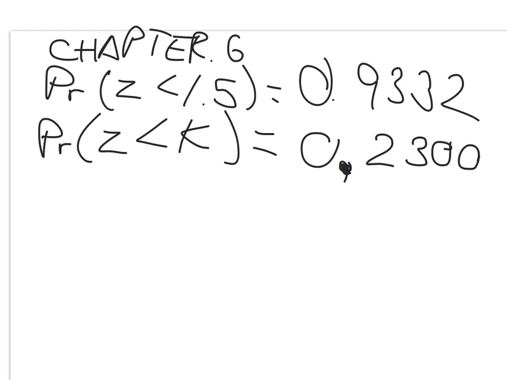Okay, so the number on the right-hand side is the probability, and we're going to look that up in the middle of the z table where the probabilities live. So when you think about the normal table, the values in the middle are probabilities, and the numbers on the far left-hand column and running across the top row are the horizontal values in the z.